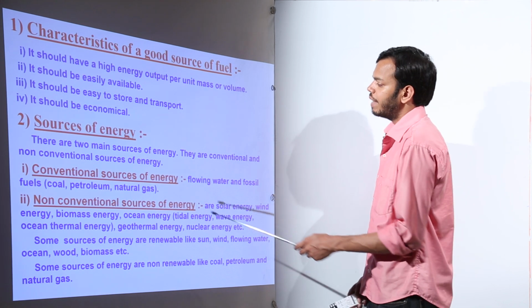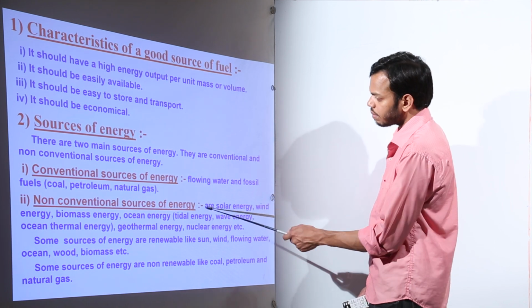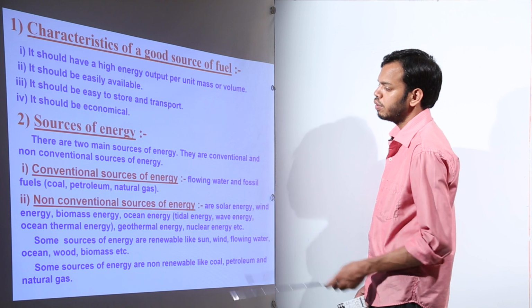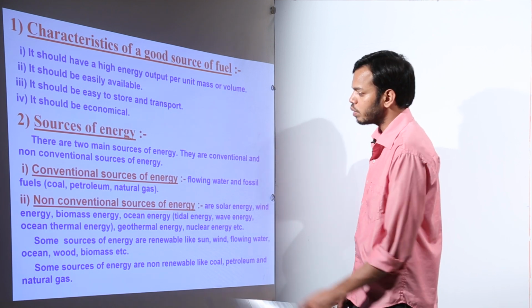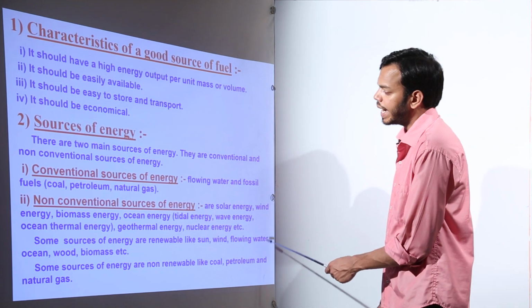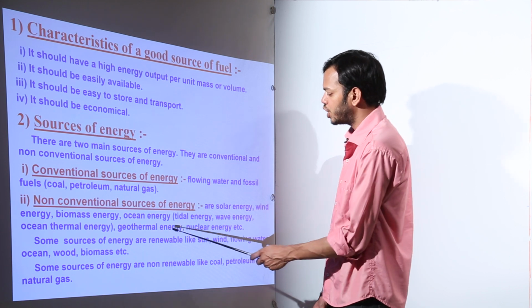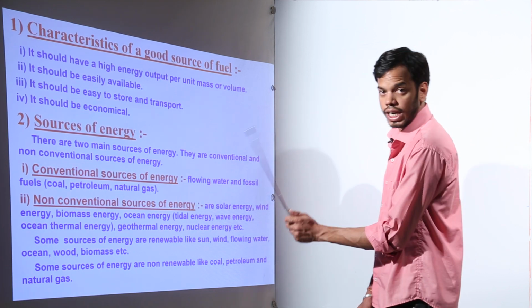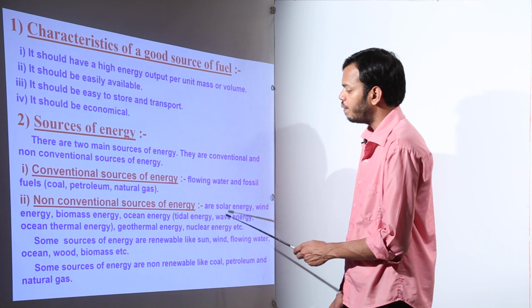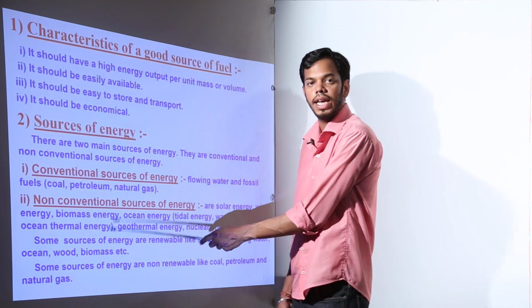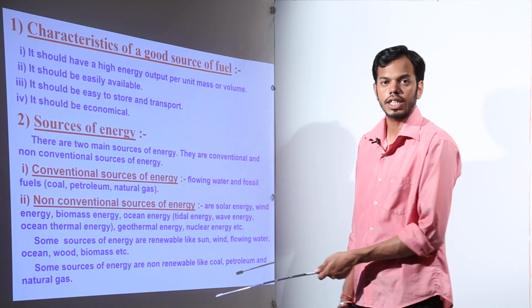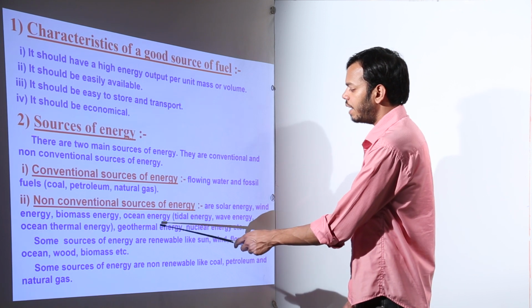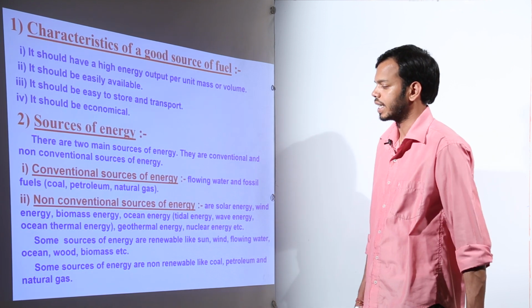The conventional sources are like flowing water, fossil fuels, coal, petroleum, natural gas, whereas non-conventional are solar energy, wind energy, biomass, ocean energy, tidal. Ocean energy itself contains tidal energy, wave energy and ocean thermal energy. We are going to discuss all these types of energy. Then we have geothermal energy, nuclear energy, etc.